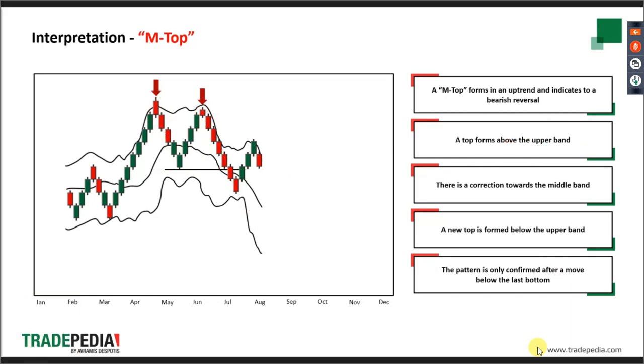Any questions so far? Yes, you can definitely use candlestick patterns to determine whether there's a reversal when price touches the upper or lower band. I think it's very helpful. It gives you an additional confirmation.